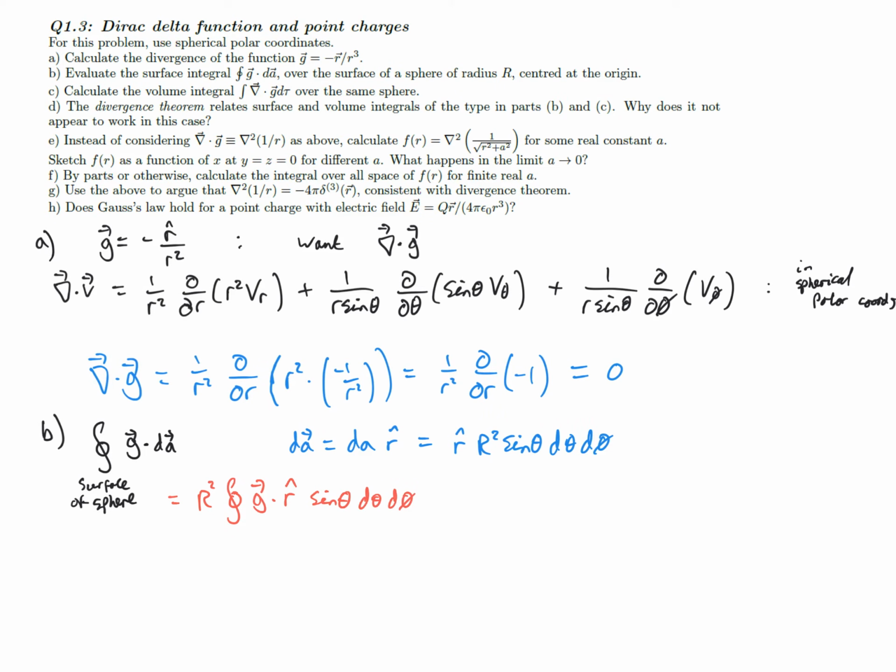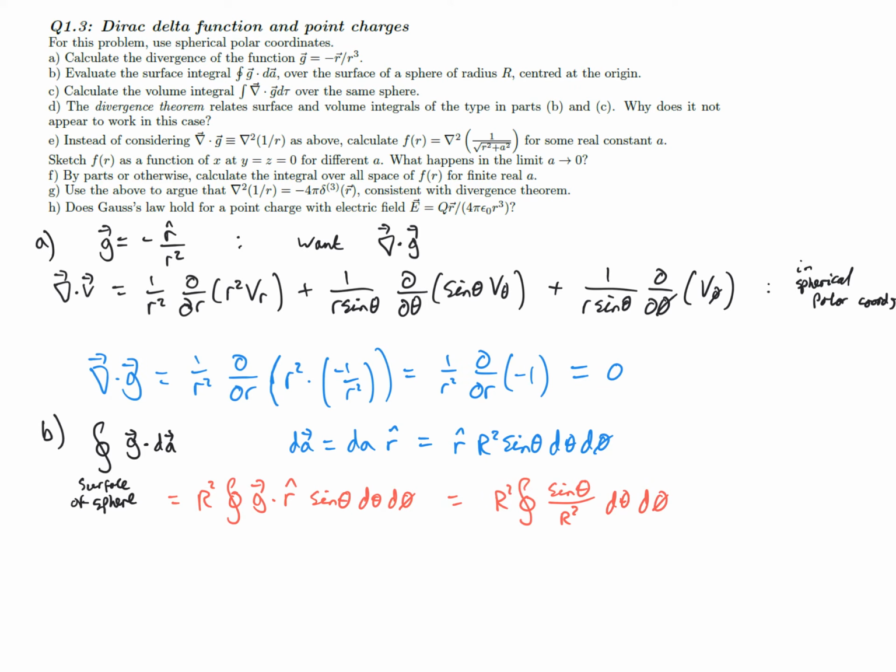And what is g? g is evaluated on the surface of the sphere, and g is precisely r hat upon r squared. The r hat dot r hat is equal to 1, and so this is just going to be sine theta upon r squared d theta d phi.